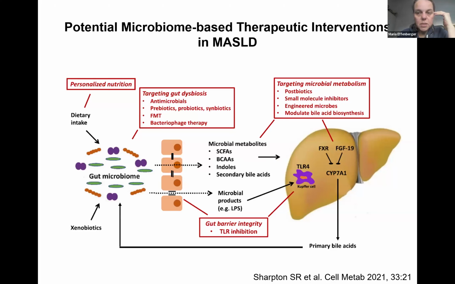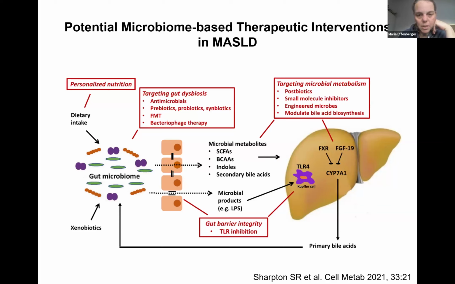As I've already mentioned, it is possible to use these findings for a therapeutic intervention, and therefore you would like to change the gut microbiome. Mainly you do it at the moment with personalized nutrition, but in the future there would be other options, maybe like FMT, which means stool transplantation, or bacteriophage therapy, which I think would be the most elegant, but it's only at the basic science level at the moment.